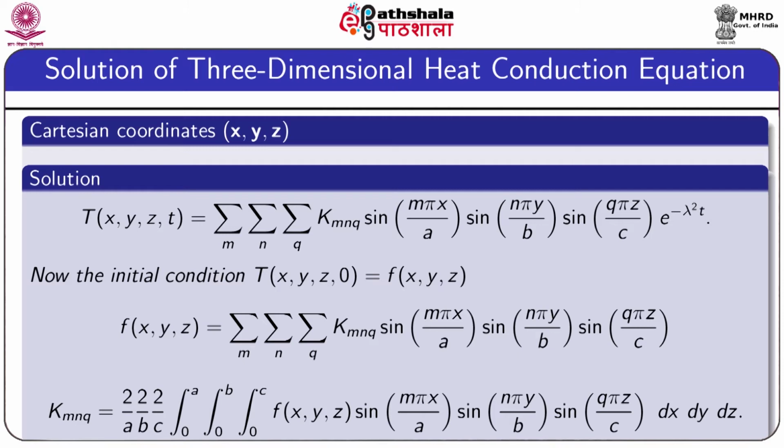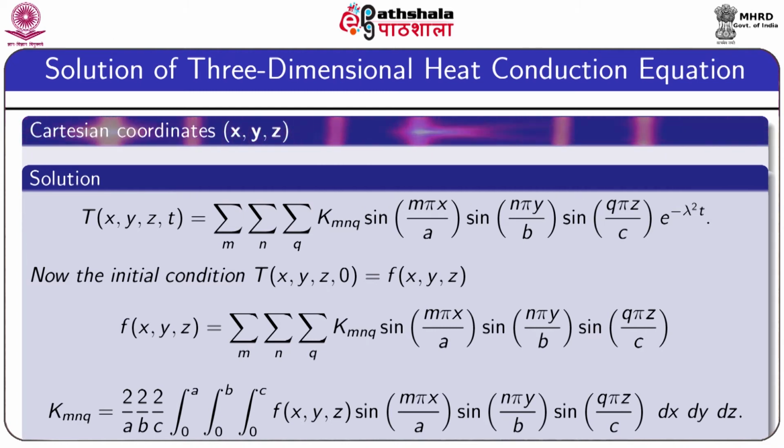Thus, if we use this initial condition, we obtain a relation which is written here: small f equals this expression. Now, if you see the expression, you can observe that this is nothing but a triple Fourier series. Rather, you can say that this is a triple sine series.